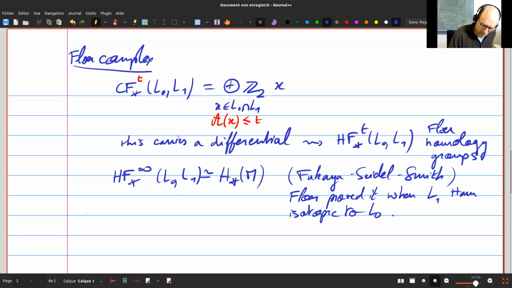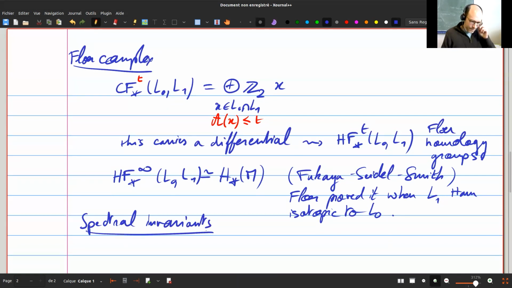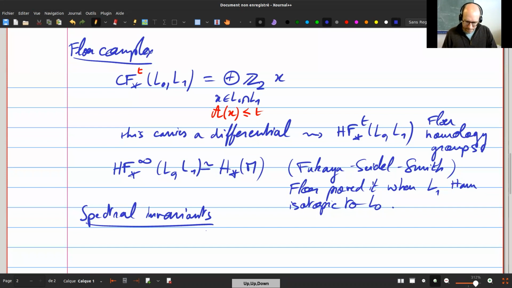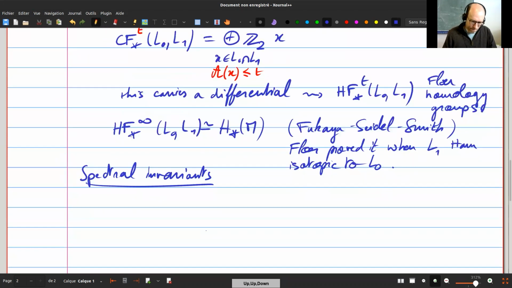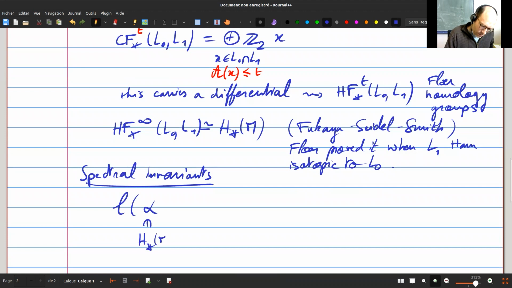And now from this homology, you can define what's called a spectral invariant. You take a homology class alpha in M. By the Fukaya-Seidel-Smith theorem, you can see it as a Floer homology class as well.